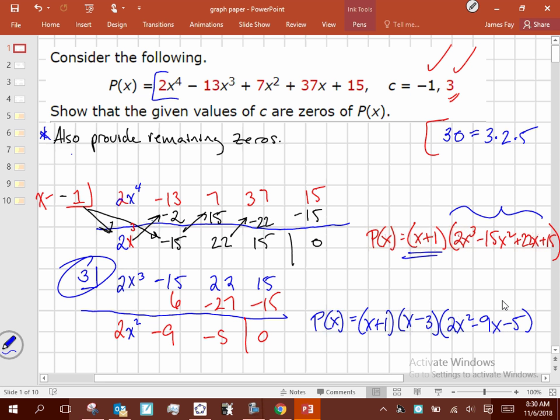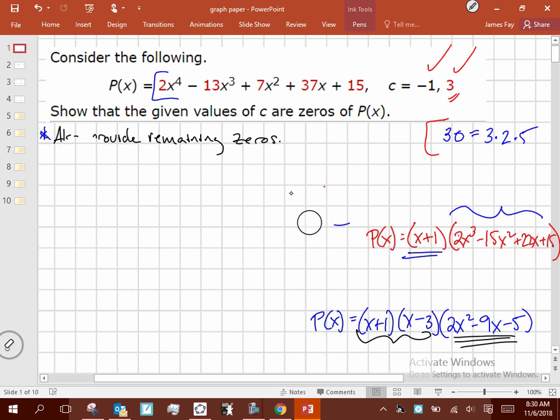Now the question is, what are the other two zeros? Well, we just showed that 2 of our zeros came from that information there, right? So where are the other 2 going to come from? The other 2 have to come from that, right? Now, we'll talk about some other techniques later on, but that's a quadratic, right?